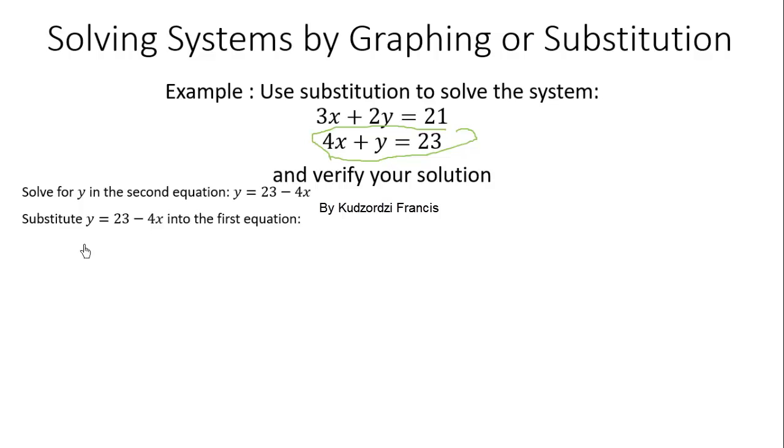We substitute y equal 23 minus 4x, hence the name substitution method.